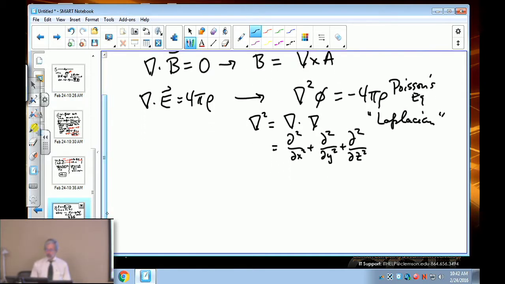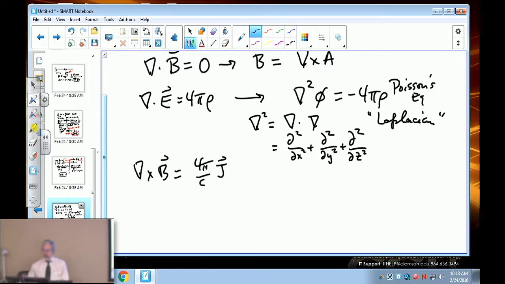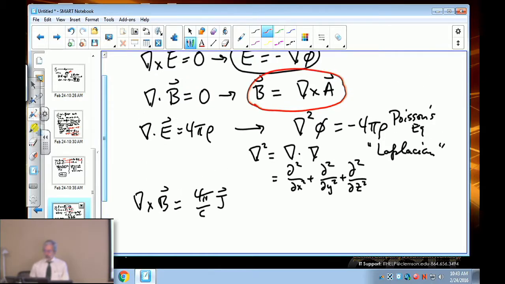Okay, and in the same way, we have the curl of B is 4 pi over c times J. Okay, and now I'm going to say, well, let's use the fact that B is the curl of A. Substitute that in. And that takes a little bit of manipulating, because we have the curl of the curl.